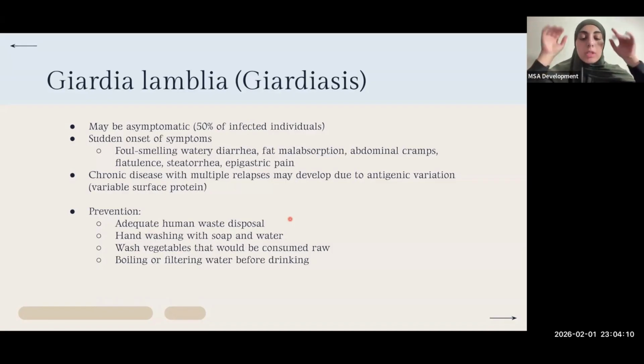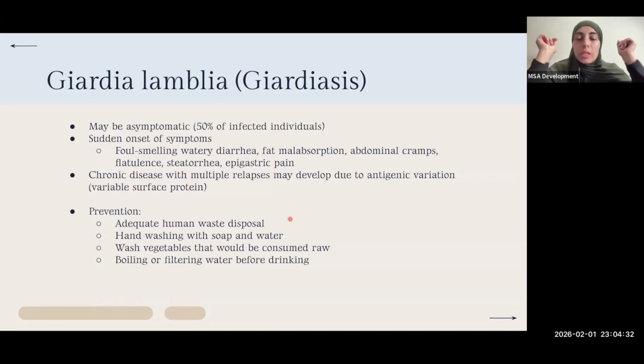This is very descriptive. If you see someone coming with foul smelling watery diarrhea and fat in the stool, they cannot absorb fat. They have deficiency of all of the fat soluble vitamins. Then think of Giardia.